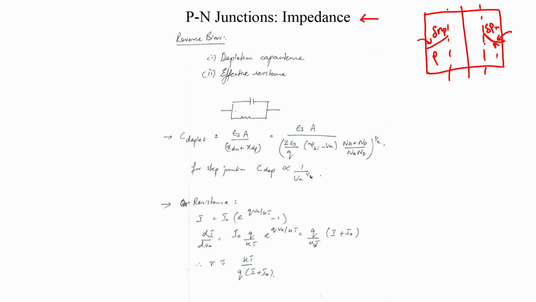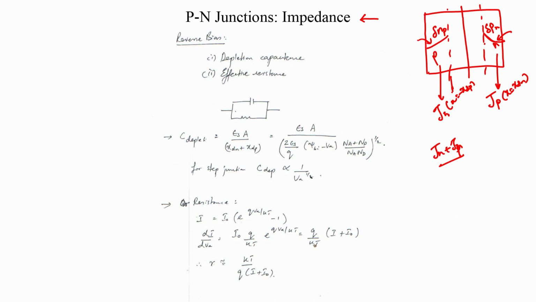And this concentration gradient gave rise to a diffusion current for holes and a diffusion current for electrons, and we computed the diffusion current at the boundary at x equal to minus xdp and at x equal to xdn, and therefore we identified the complete current voltage characteristics for a PN junction diode.